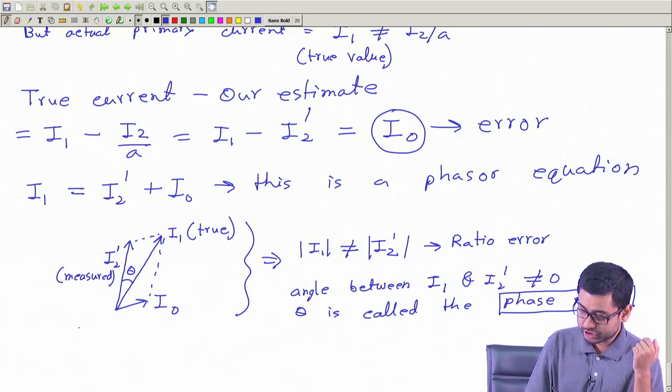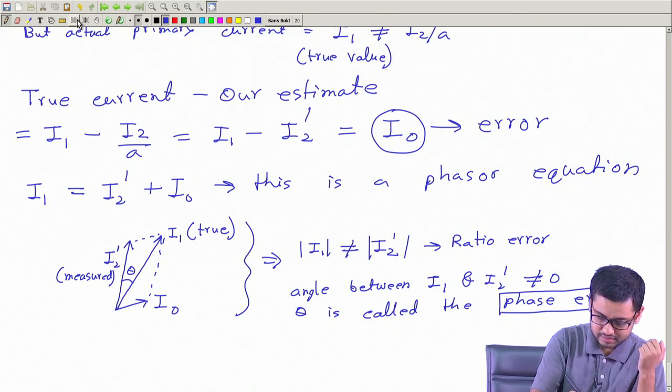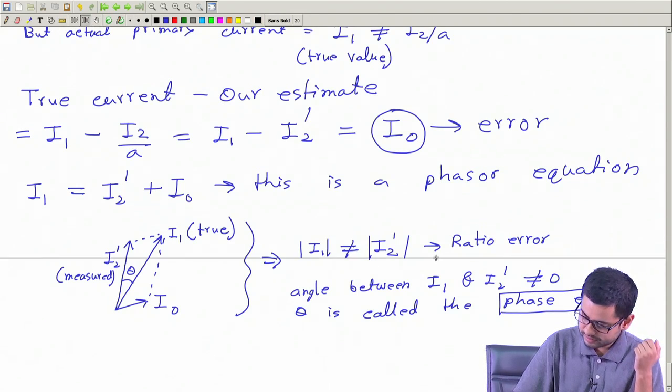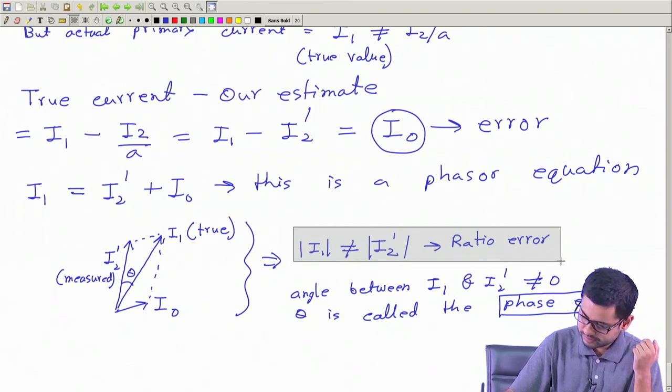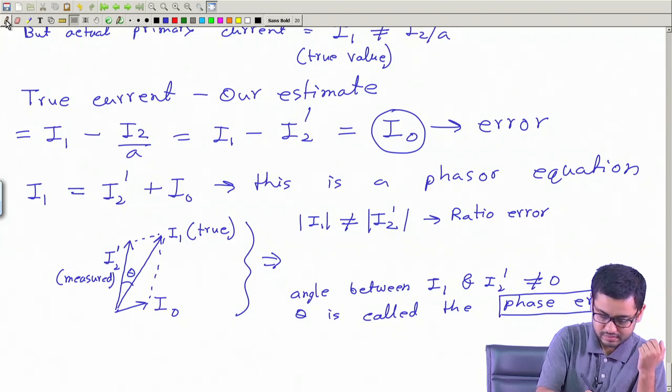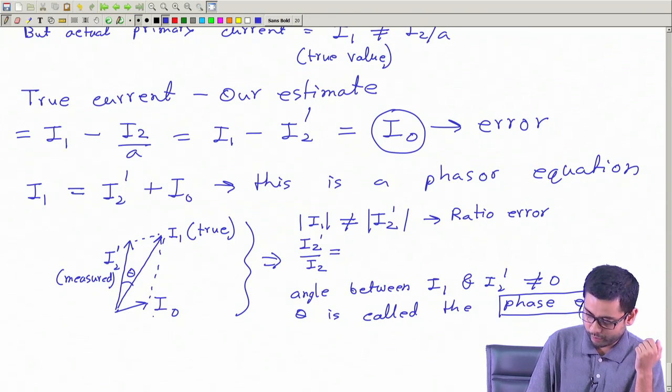Why? Because also observe that I2 prime by I2 is equal to how much?